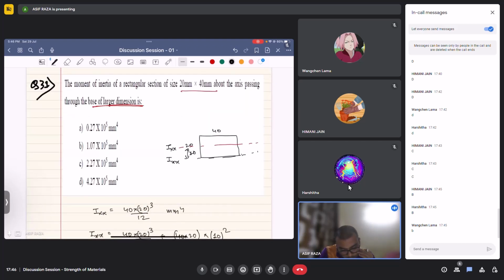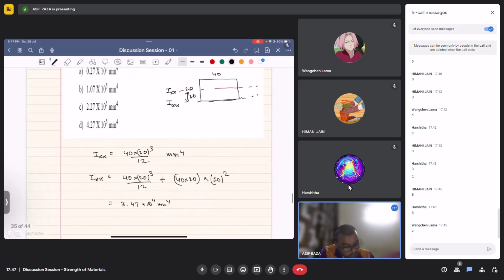Moment of inertia about the axis passing through the base of larger dimension: 40 into 20 cube by 12.